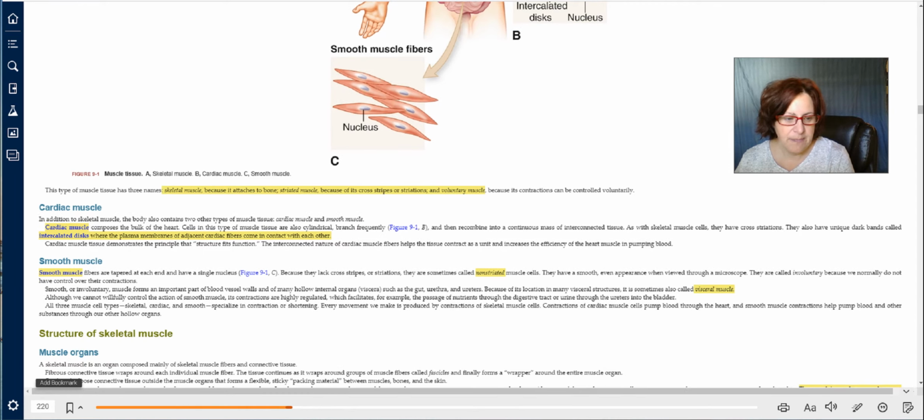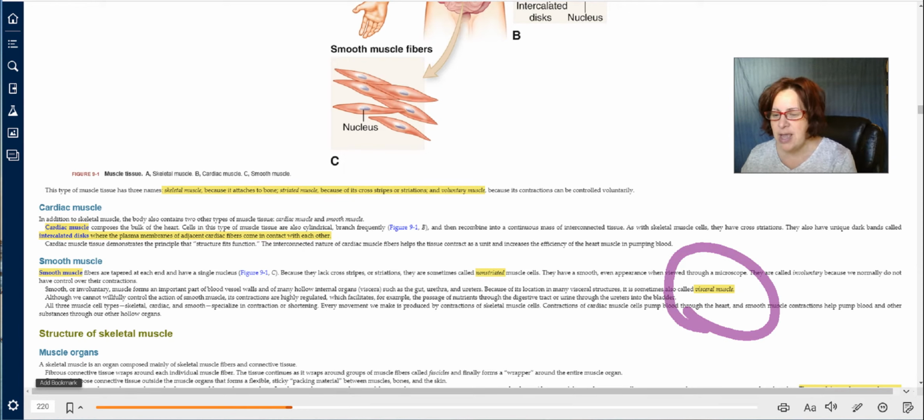Smooth muscle, again, is not voluntary. You and I do not think about these muscles and say function. They are also called non-striated because they're the ones that do not have those stripes. Another name for the smooth muscle is our visceral muscle. In medical terminology, viscero means organ. So this is our organ muscle.